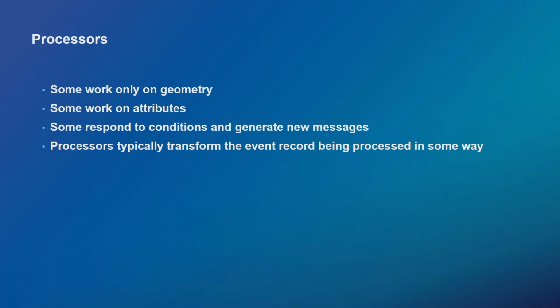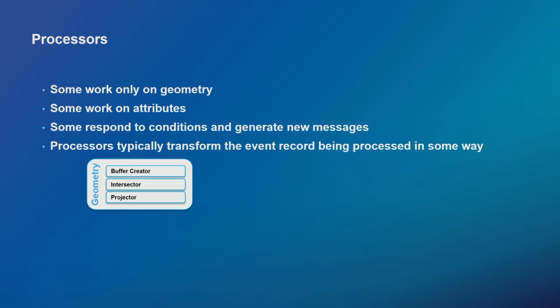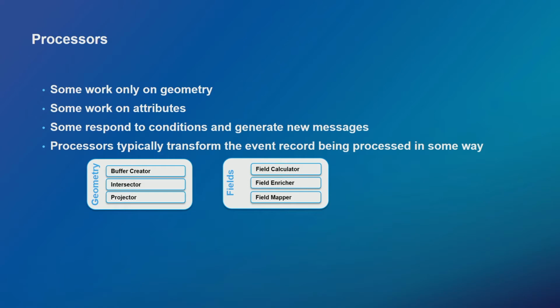Okay, when it comes to processors, some processors work only on the geometry of an event. So the buffer creator, the intersector, or the projector are examples of these. They're going to take the geometry and do something with that geometry. Other processors work with the fields of an event, so the field calculator, the field enricher, field mappers, stuff like that.